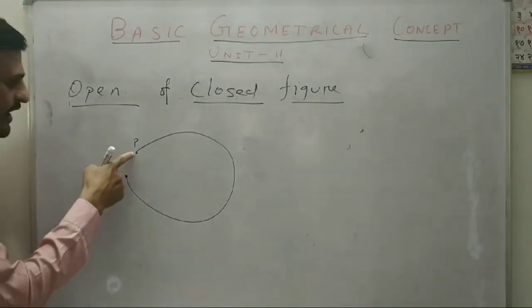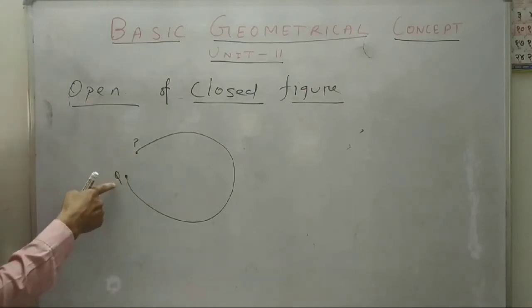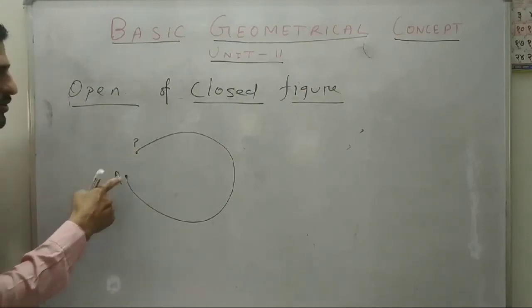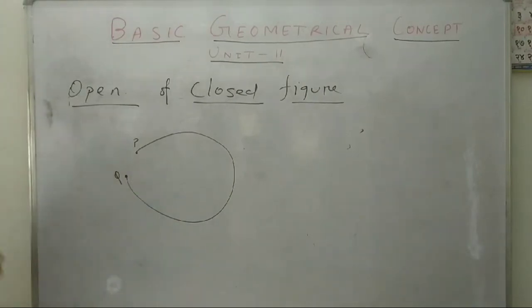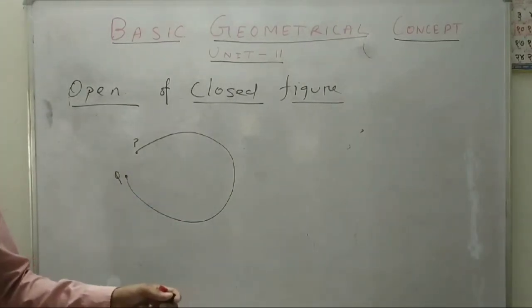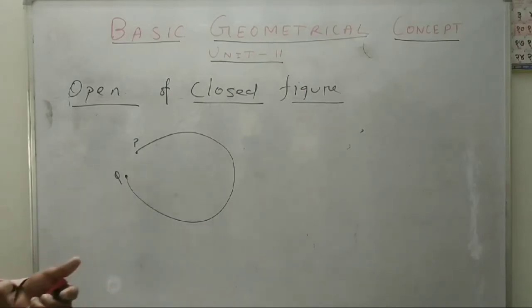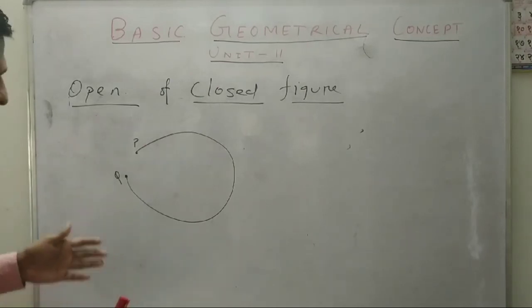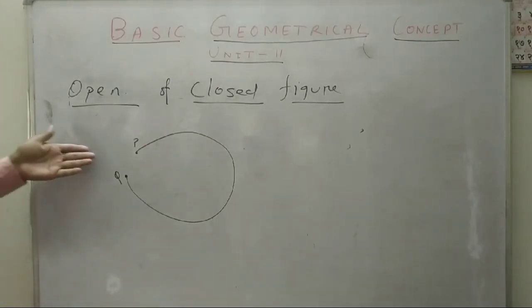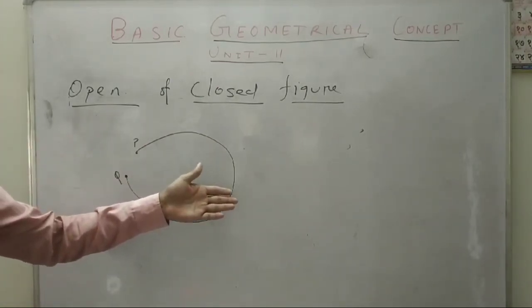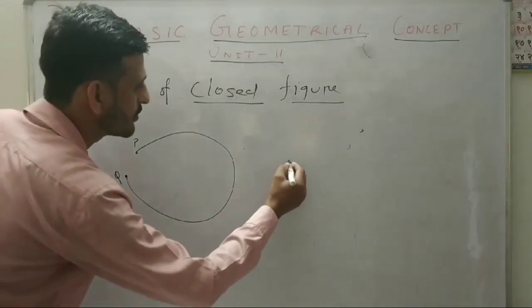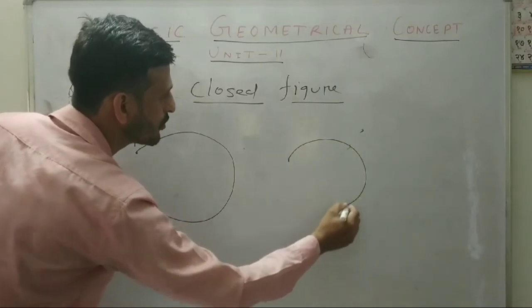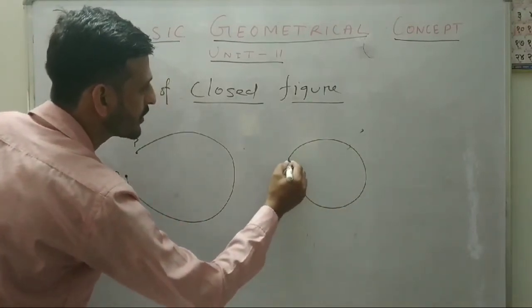That means it starts from point P and ends at point Q. So this type of figure is known as an open figure. Or simply we can say a figure which is open. In our day-to-day language we can say, see, the wind is going inside of this figure, so this is open. A figure where there is no way for the wind to go inside is known as a closed figure.